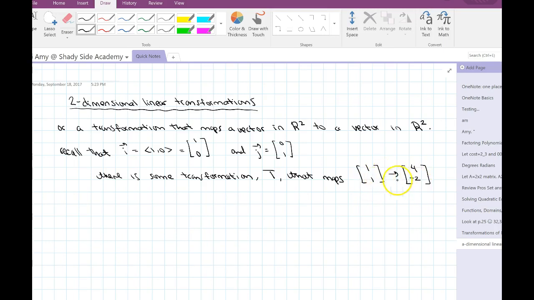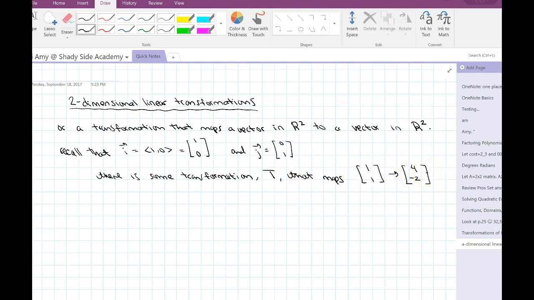I could say the transformation takes the x coordinate plus 3 times the y coordinate to get the new x coordinate, and the y coordinate is -2 times the x coordinate plus 0 times the y coordinate. The point I'm making is that given this information alone, you don't know exactly what that transformation is.